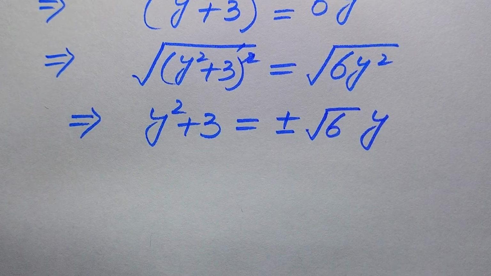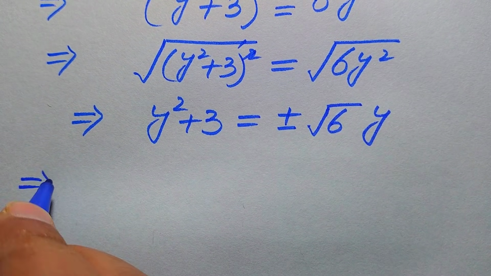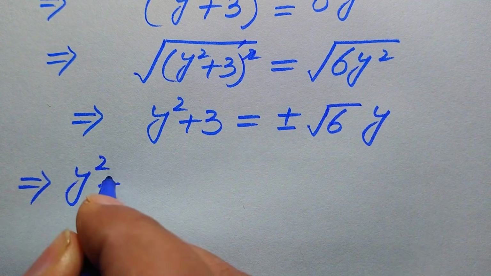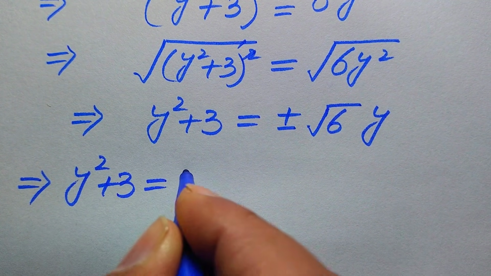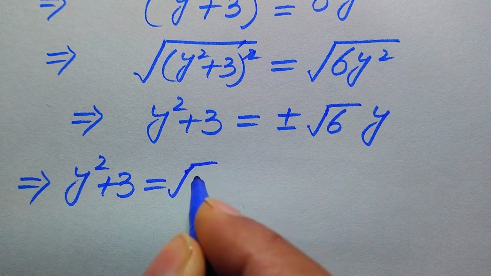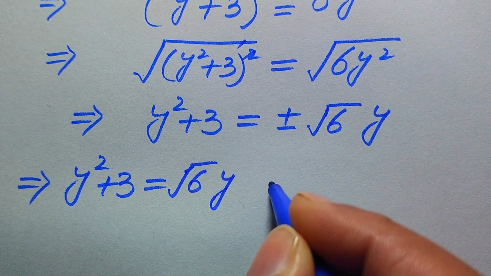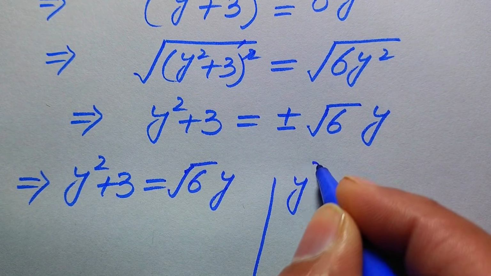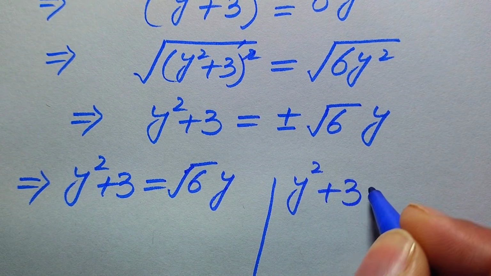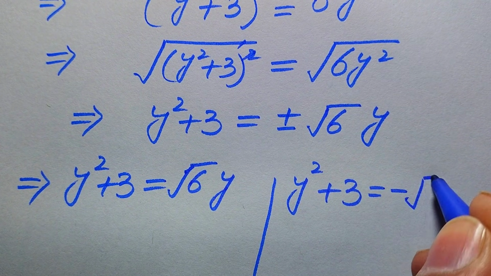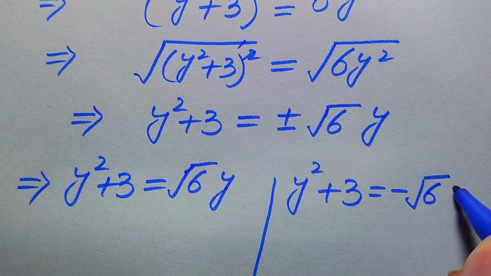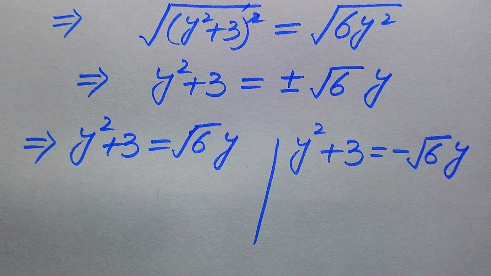Now further we divide this equation into two cases. The first case is we write y square plus 3 is equal to square root of 6 y, and in the same pattern we write y square plus 3 is equal to, here we write the negative term, minus square root of 6 into y.